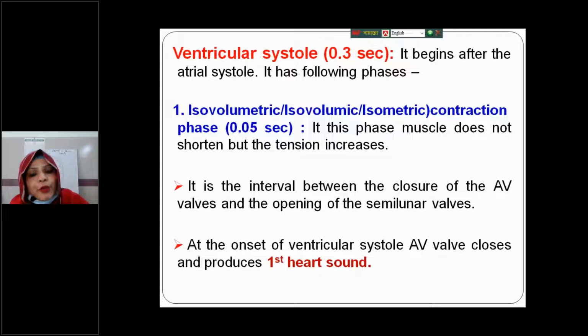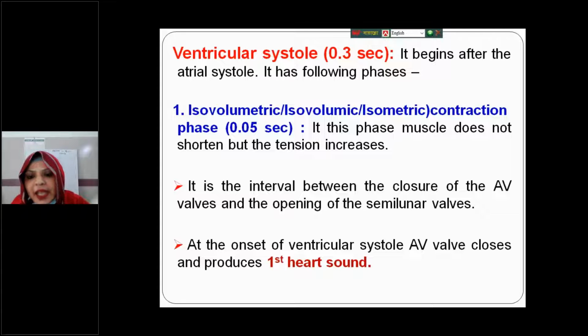You have to push blood from the ventricle towards the aorta and towards the pulmonary trunk, that is the pulmonary artery. Blood goes from the right ventricle towards the pulmonary artery, and from the left ventricle towards the aorta. So you have to open the semilunar valve and you have to close the AV valve, that is the tricuspid and bicuspid valve.